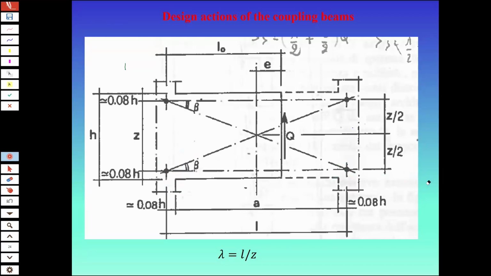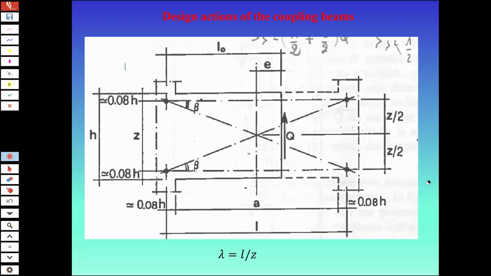But you see, these assumptions here are geometrical assumptions which are based on the concrete mechanics. These assumptions are even more important than the formula that we are going to use to calculate the forces.